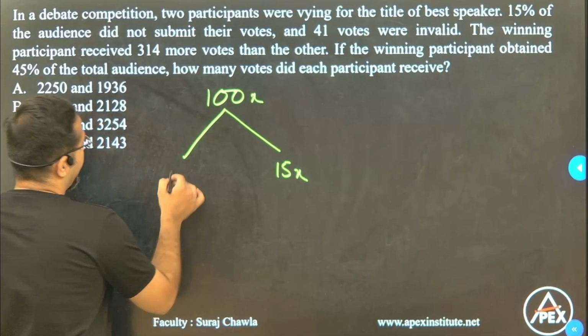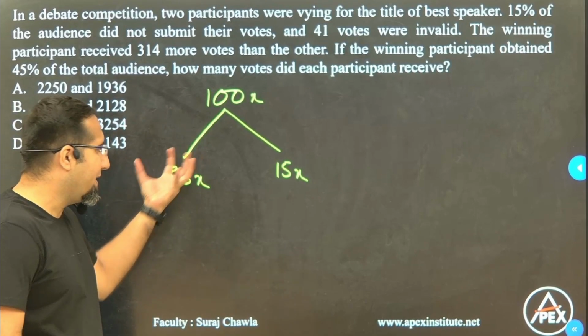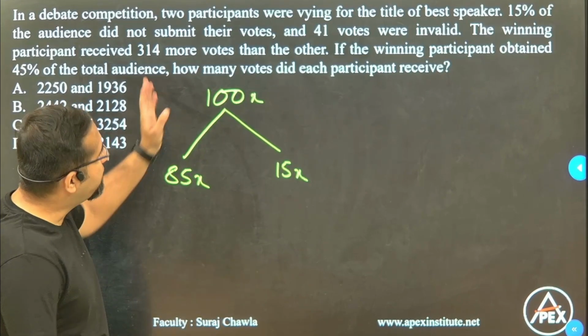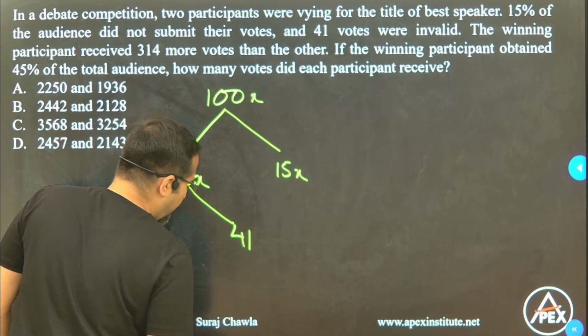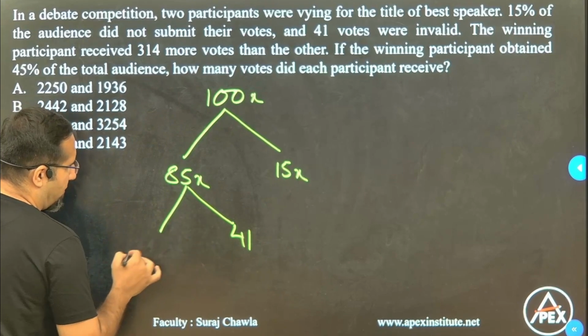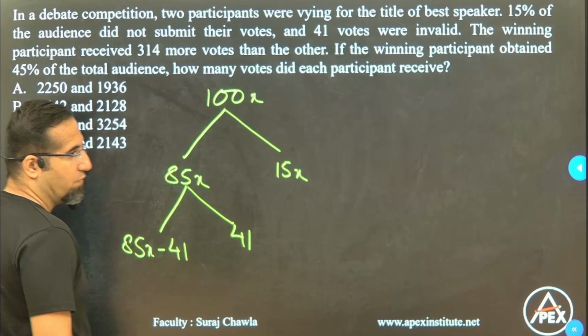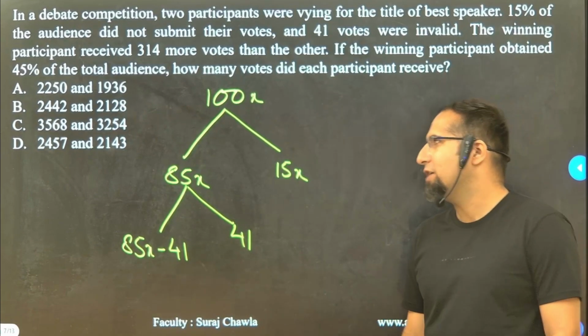So 85x people voted. Now voted में भी invalid votes होते हैं और valid votes होते हैं. अब 41 votes पर invalid. अगर 85x में से 41 votes invalid हो गए तो number of votes which are valid becomes 85x minus 41. ठीक है? तो ये हमारे नंबर ऑफ वैलिड वोट्स हो गए.